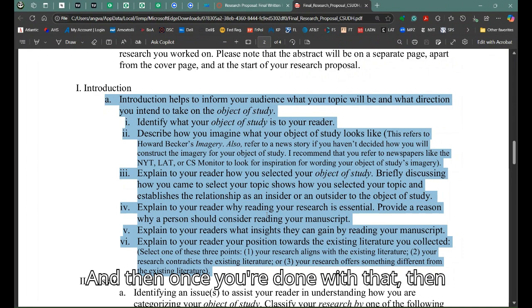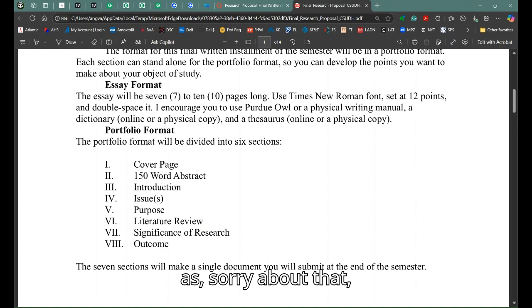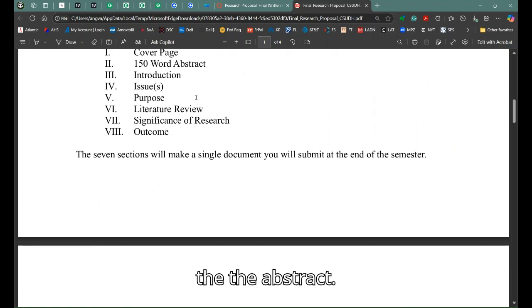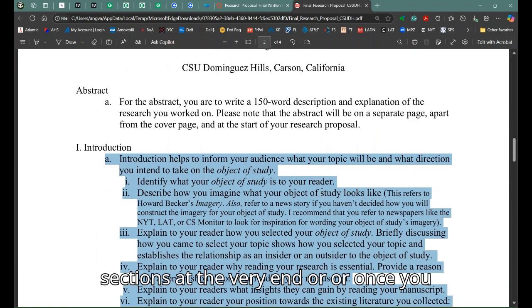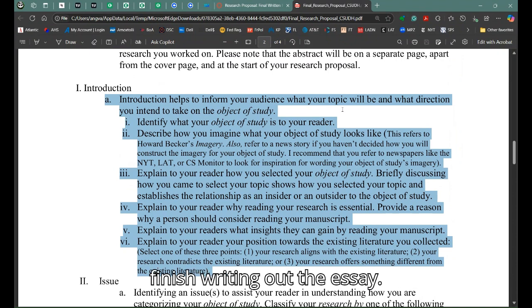And then once you're done with that, then you could write the introduction as well as the abstract. All right. So then you could write those two sections at the very end, or once you finish writing out the essay. Okay.